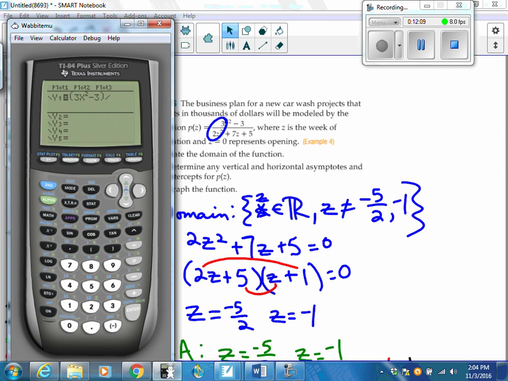And for my denominator, in parentheses also because it has multiple terms, 2x squared plus 7x plus 5. And then you can graph that. So I can see kind of what's happening on my picture there.